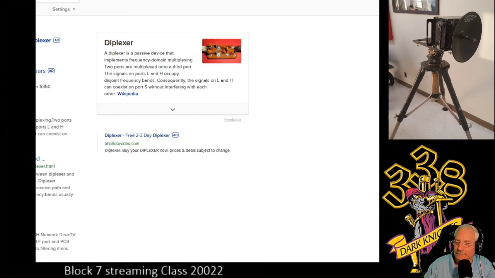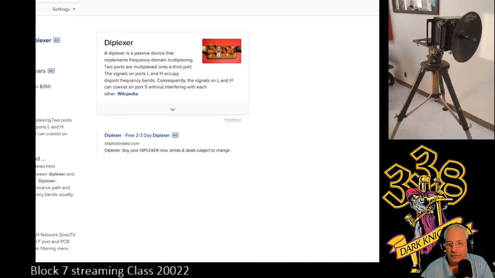Okay. A Diplexer. So I wanted to get things straight here because you're going to see these items in the schematics or C's and D's. Mainly they're boxes. So you can see a Diplexer. It says it's a passive device, implements frequency domain multiplexing.